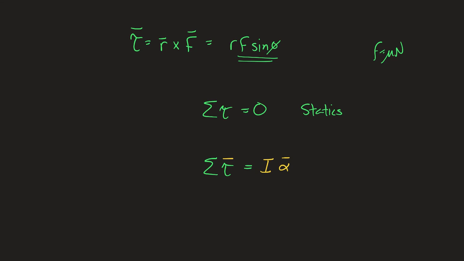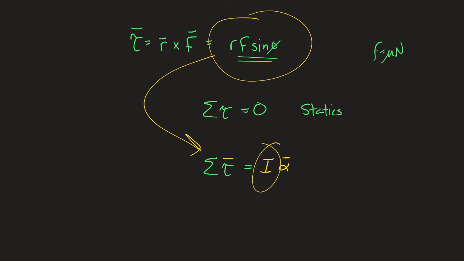I alpha is for something that's going to rotate, which suddenly means that not only do you have to do this every single time there's another torque, but you also have to know what the shape of the object is and find its moment of inertia. Rotational motion is all the same things as linear motion, but each piece requires a lot more thought to deal with. And that's why I think rotational motion is hard for a lot of students.